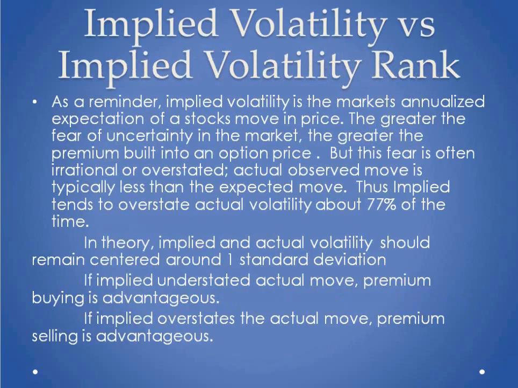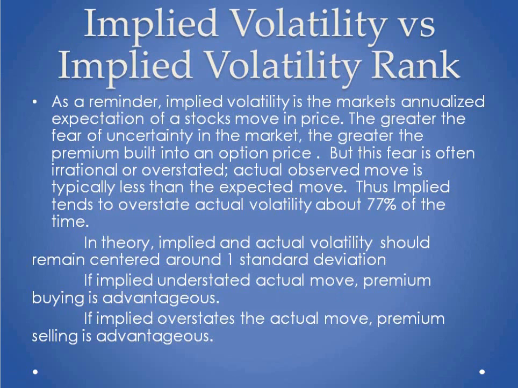Implied volatility versus implied volatility rank. I kind of briefly went over this a little bit, but I got ahead of myself on my slides here. But as a reminder, implied volatility is the market's annualized expectation of a stock's move in price.